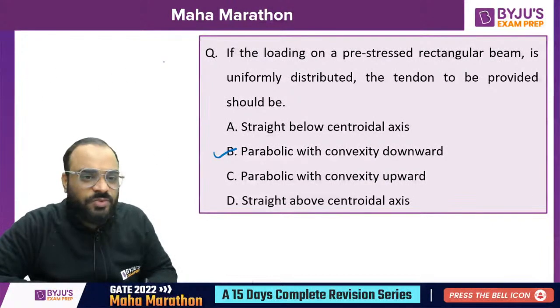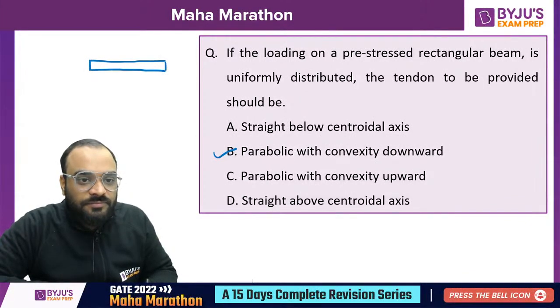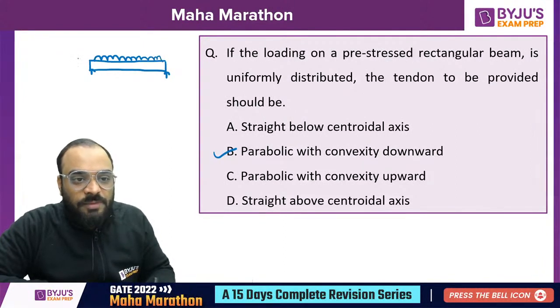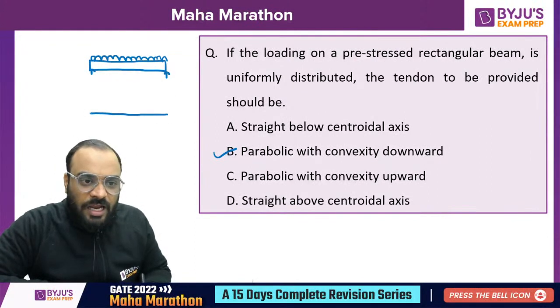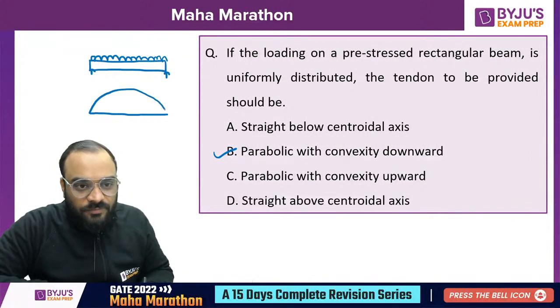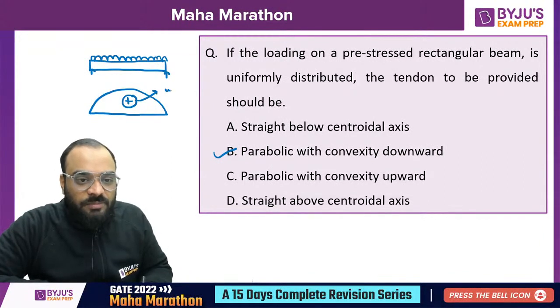Let me explain it, guys, why it is so. Just imagine this is your simply supported beam on which I am putting a UDL. So what will be the shape of the bending moment diagram? It should be parabolic, correct? And the maximum value of bending moment is WL square by 8, correct?